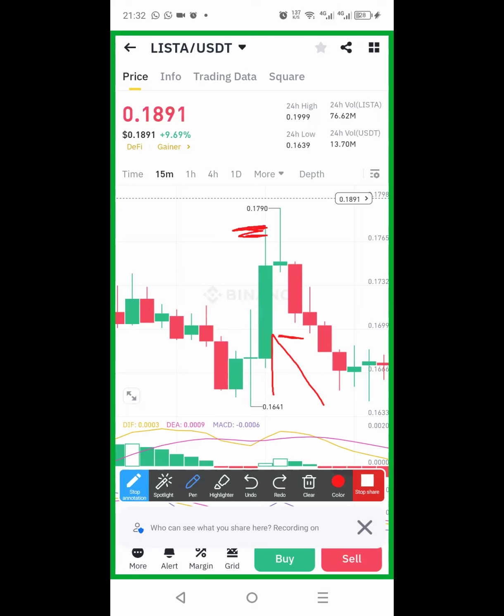This is the highest height. This is the lowest low here. But what I'm now referring to is when the blocks open and close, that's the difference they will calculate.